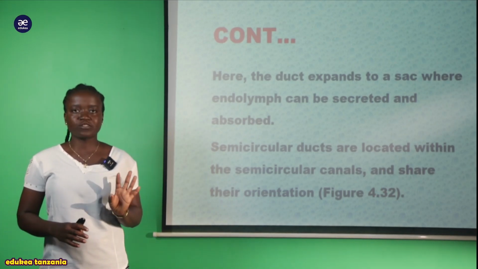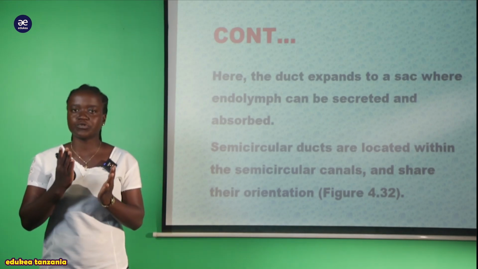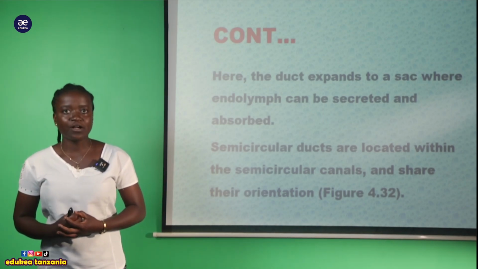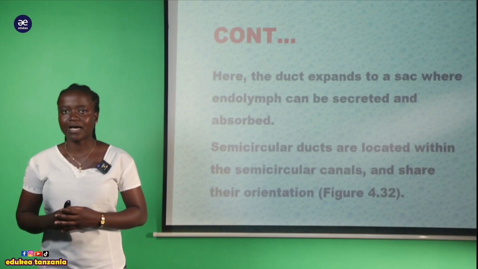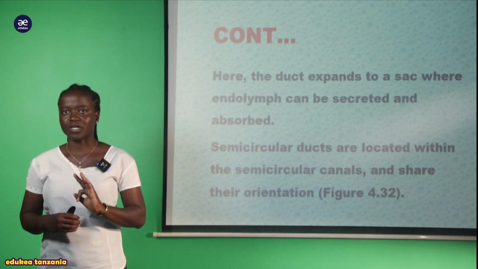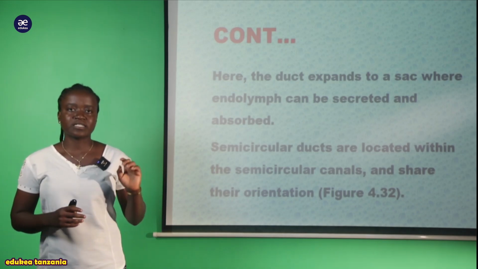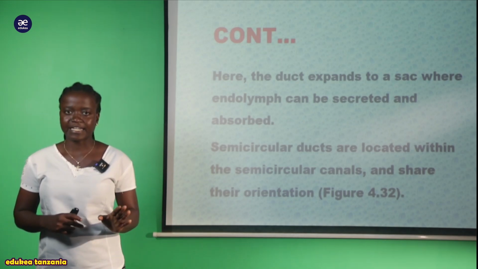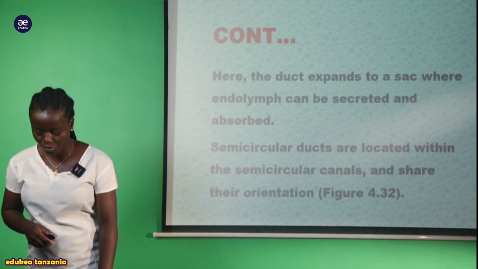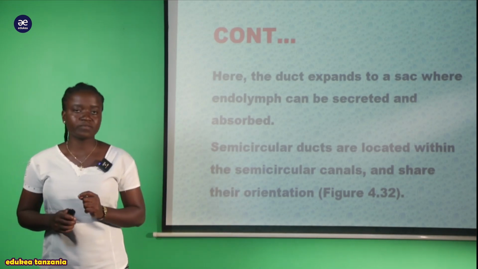So also, when we talk about the vestibular apparatus, since we have already discussed the utricles together with the saculi, we also have the semicircular canals. These semicircular canals are found in three structures. We have seen the diagram of the vestibular canal in the last part of this session, but I also have to show you this diagram so that you can have a clear picture of the vestibular apparatus.